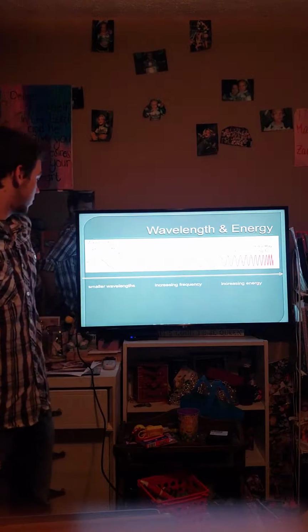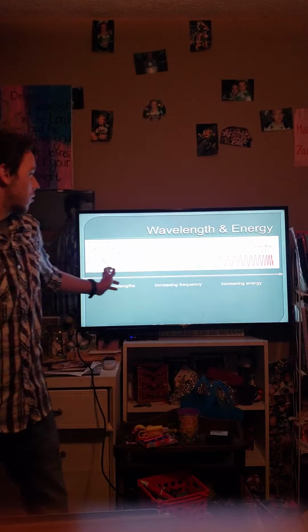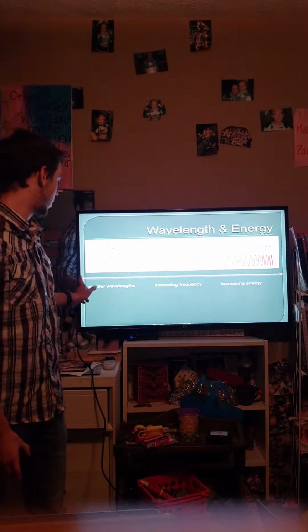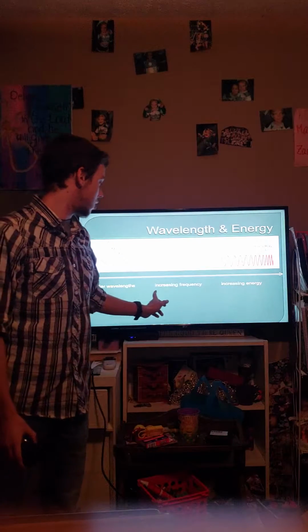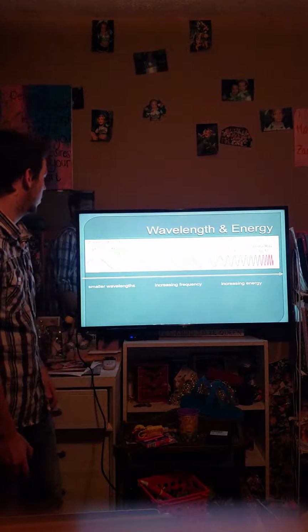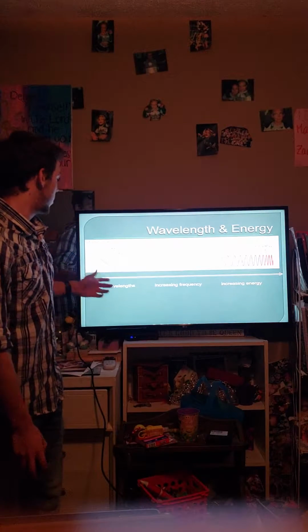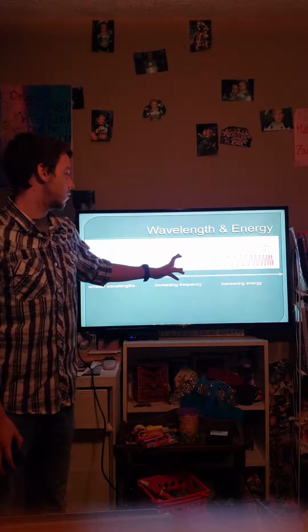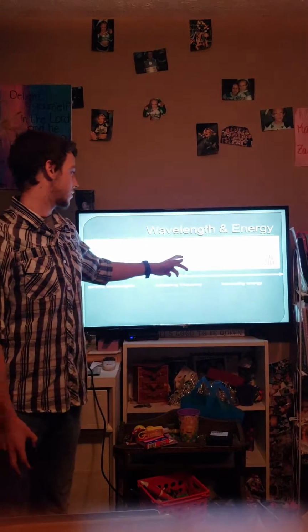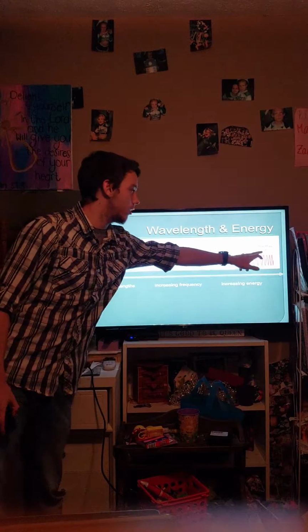Going from the longer to the shorter, it all travels the same way. You get right here the longer one, and it slowly gets smaller in wavelength while increasing in frequency and energy across. And you got the radio, microwave, infrared, to the visible, which is highlighted in red because that's the only one we can see, ultraviolet, X-ray, then gamma ray.